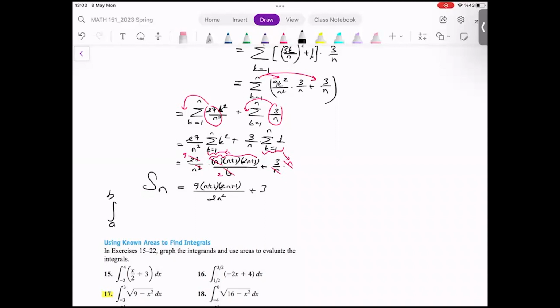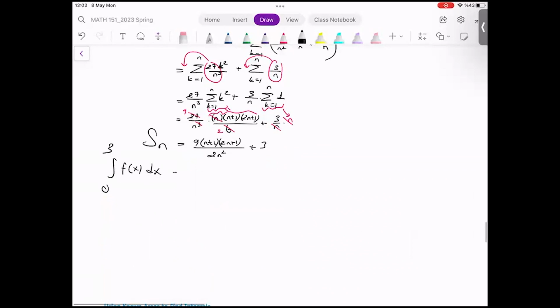First of all, the exact area under the curve is the same as the definite integral of the given function over the given interval. Remember, the given interval was from 0 to 3. Okay, then the definite integral is the same as the exact area under the curve.